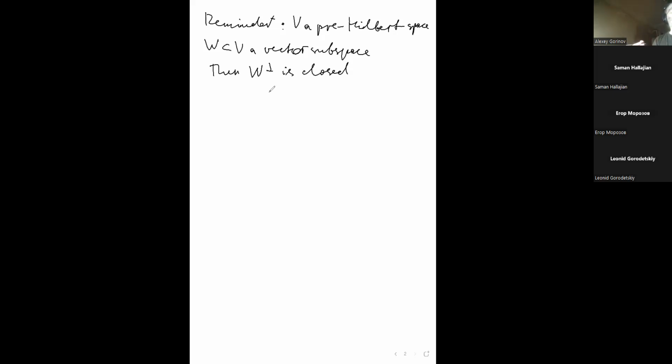Then the orthogonal complement of a subspace is always closed. Moreover, the subspace does not intersect its orthogonal complement.